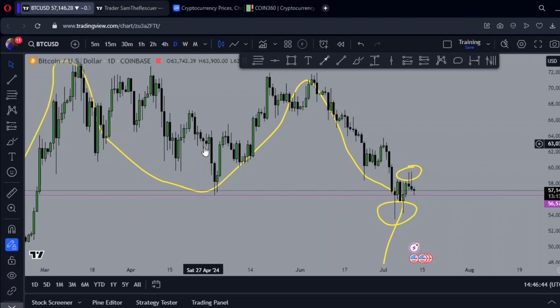You can choose any color you like, but if the red is hampering your psychology, and trading is everything about psychology, trust me, you don't want to get your wrong psychology involved. Your emotions get involved once you long it and the market is going down.